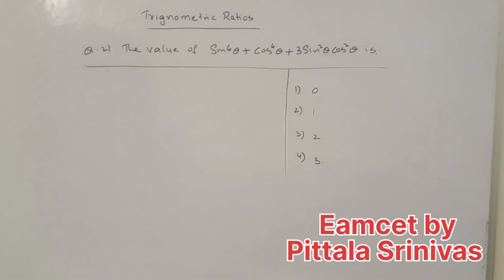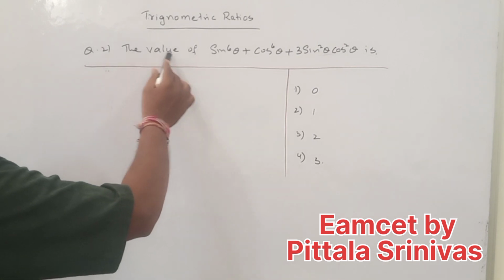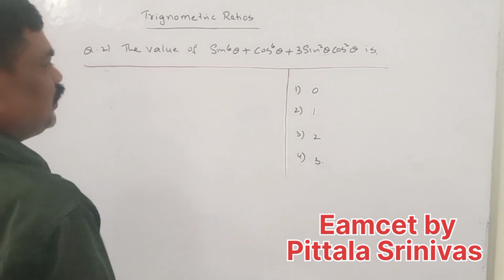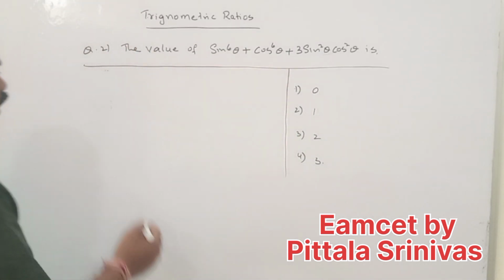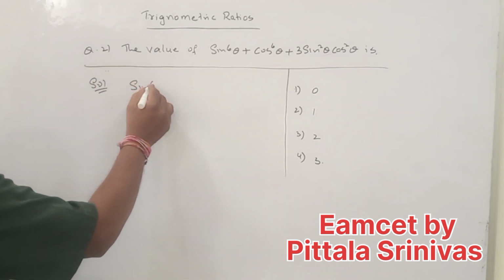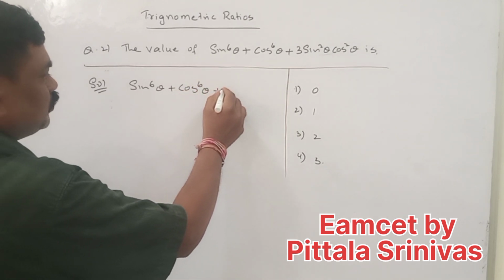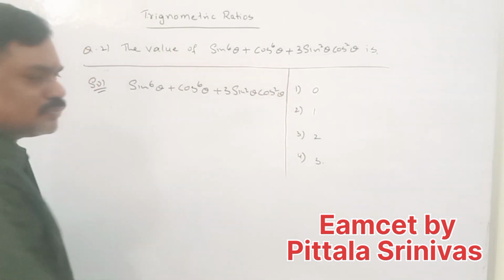Here we have the problem. The value of sin power 6 theta plus cos power 6 theta plus 3 sin square theta cos square theta is. So we have given sin power 6 theta plus cos power 6 theta plus 3 into sin square theta cos square theta.